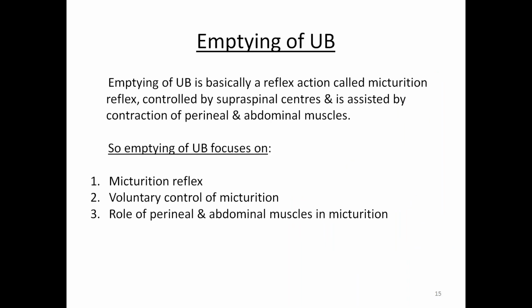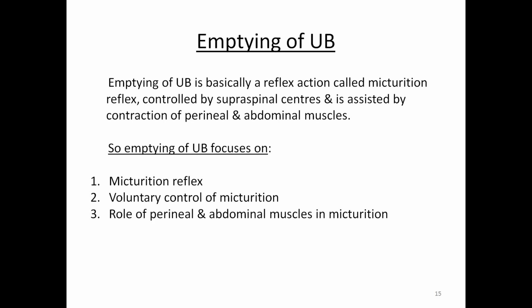Now let's come to emptying of the bladder. This was about the filling of the bladder. So emptying, obviously now we are talking about micturition. Micturition is a process by which the urinary bladder empties when it is filled.